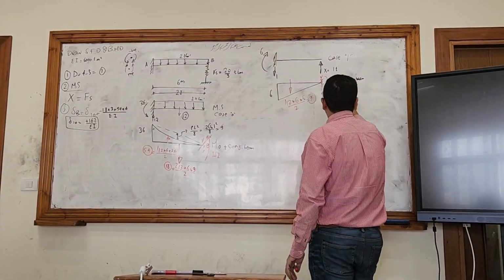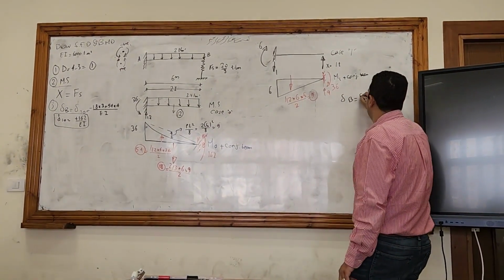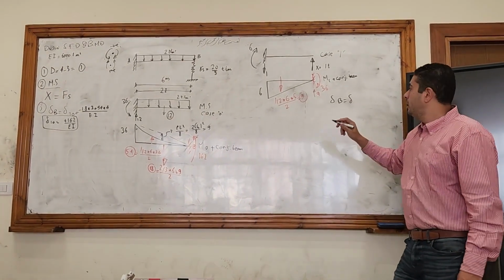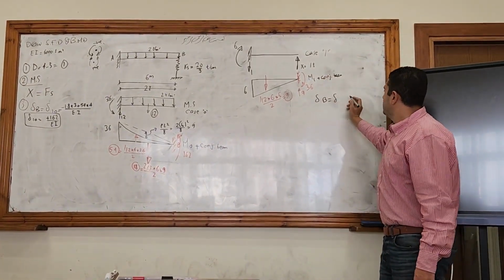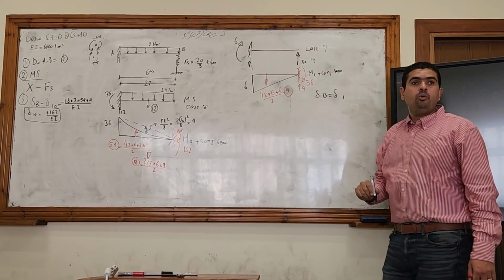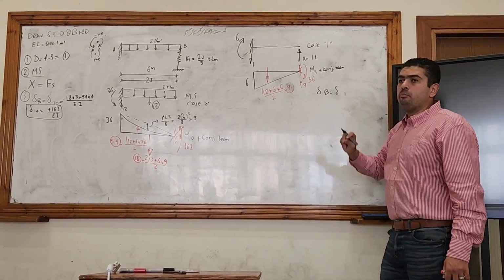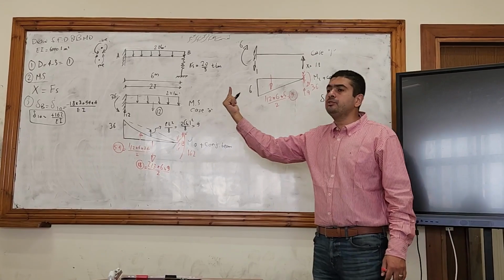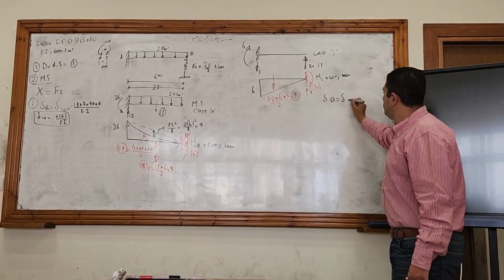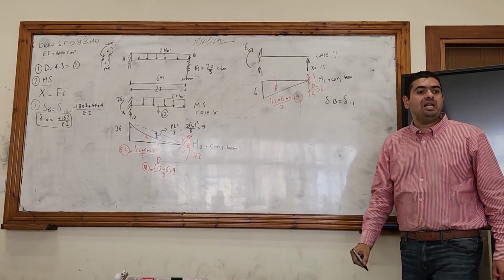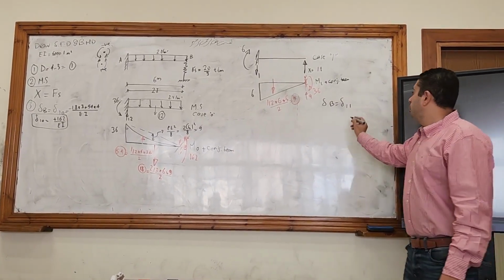So delta B from case 1, what will be its number? I am now in case 1, so the second number will be 1. The first number is the number of the redundant. I only have one redundant, so the first number will also be 1. So it's called delta 1,1. What is it?